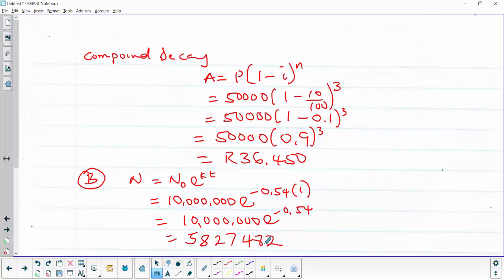Which is approximately 5 million. So that is when it's minus. So let us try if it's going to increase. When we use positive here, we have 10 million e raised to power 0.54.